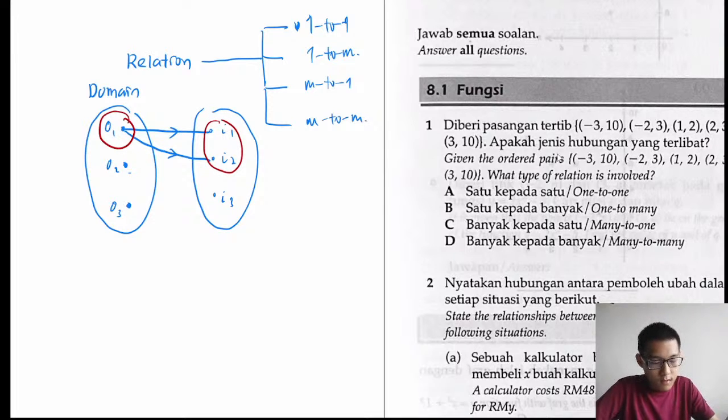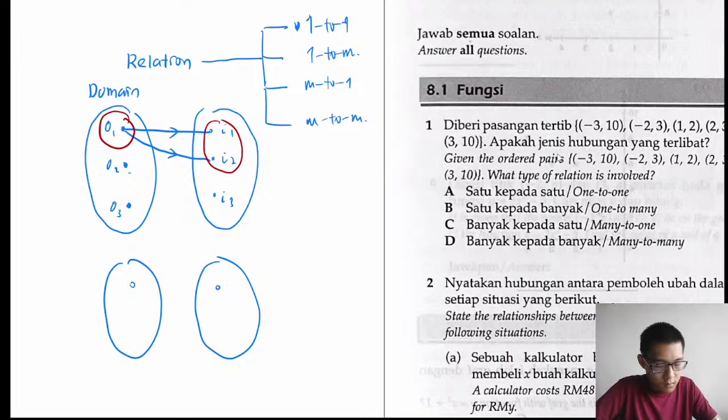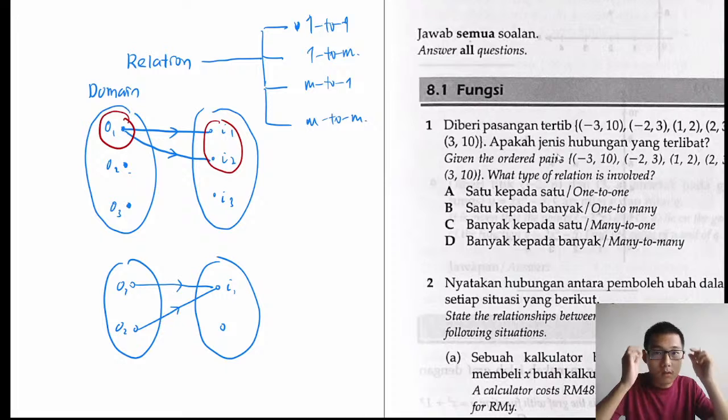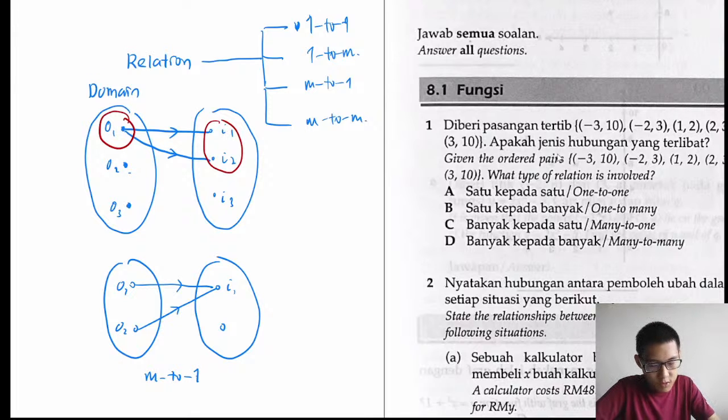The third one, if there exists a relation where 2 objects match with one image, that means we use many to 1, because many objects match with the same one image.